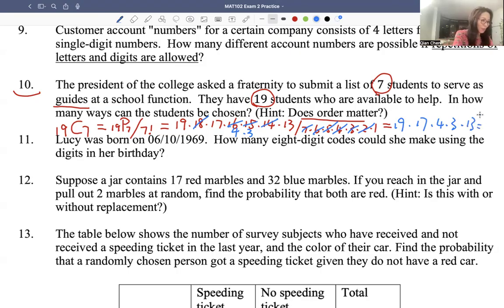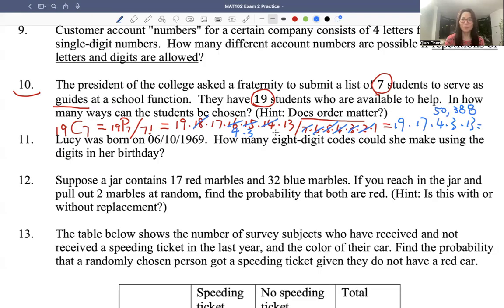I use my calculator. Do 19 times 17 times 12, because 4 times 3 is 12, times 13. I get 50,388.